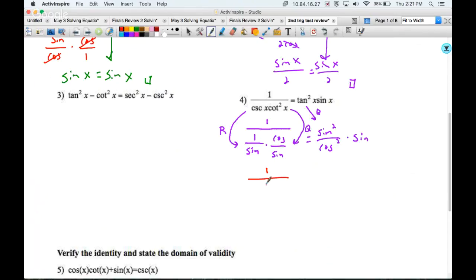I've got 1 over cosine over sine squared. And then over on this side, I've got sine cubed over cosine squared.